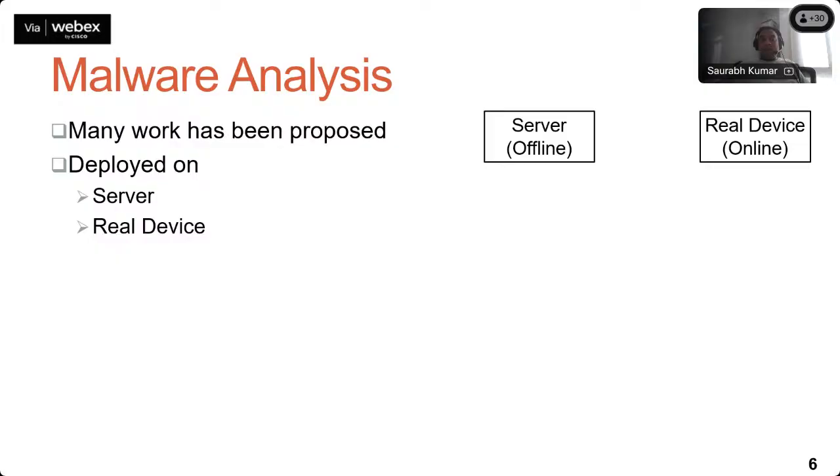Or second is on a real device, which we call the online manner. Online manner means that the actual malware detection system is running on a mobile device just to detect malware, right? For example, these antivirus software are also there in the market. Those are kind of malware detection systems.